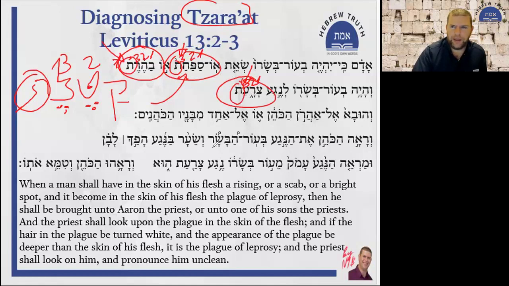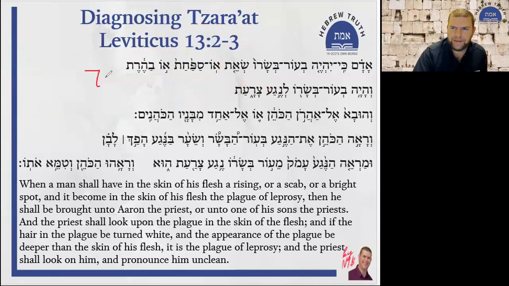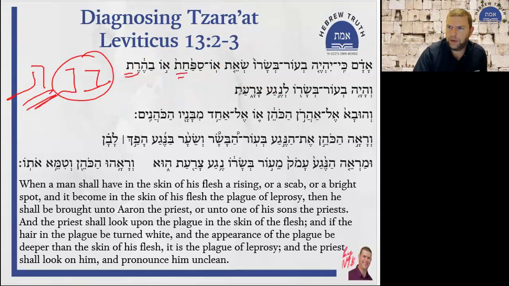By the way, this is related to the name of the town that we've seen earlier, Bint, right? Because Ben is a son, Bint would be a daughter. So the tav at the end is the tav of femininity in all of these. Se'et, Sapachat, Baheret.